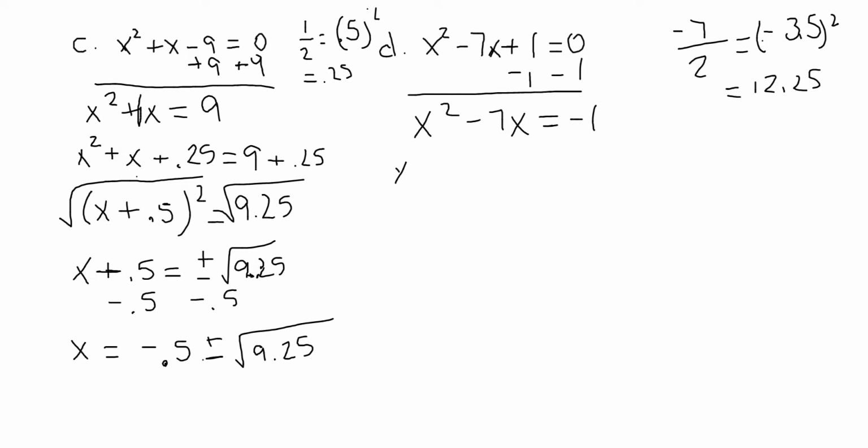So I'm going to take x squared minus 7x and add 12 and 25 hundredths, or is equal to, negative 1 plus 12 and 25 hundredths.